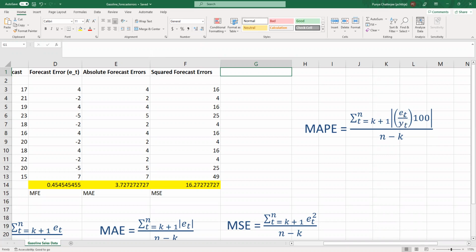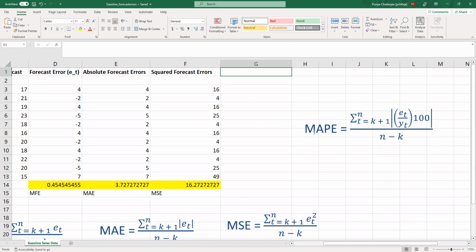Okay, so we need to again look at the error values, forecast errors, and then we'll divide the error by the data itself, and then multiply that by 100 to create a percentage value. And then we'll take an absolute of that.